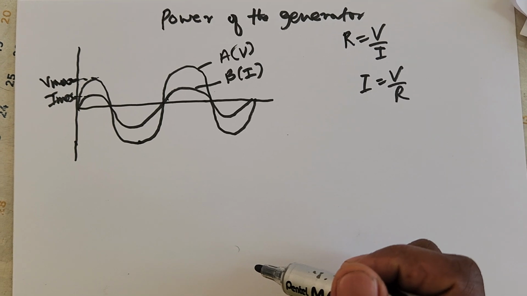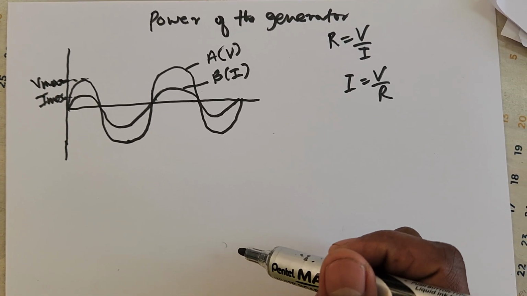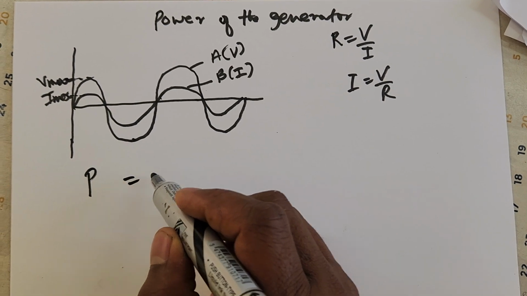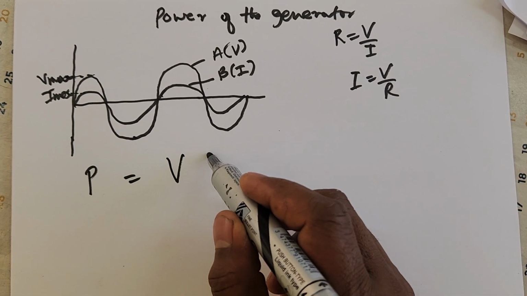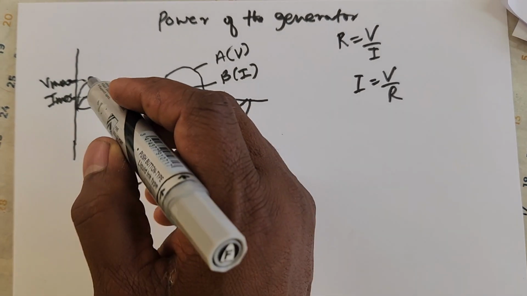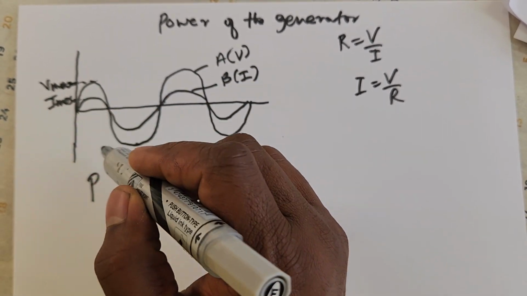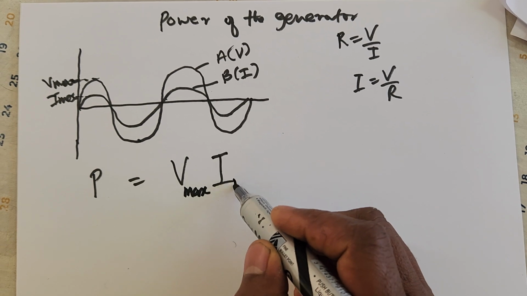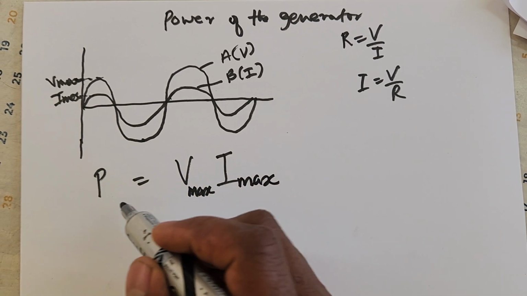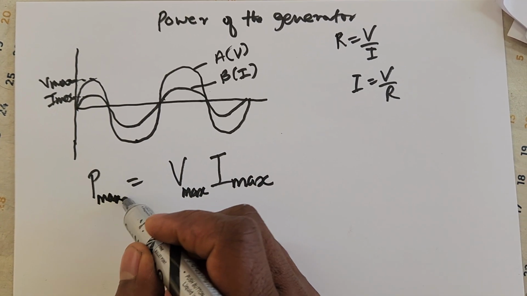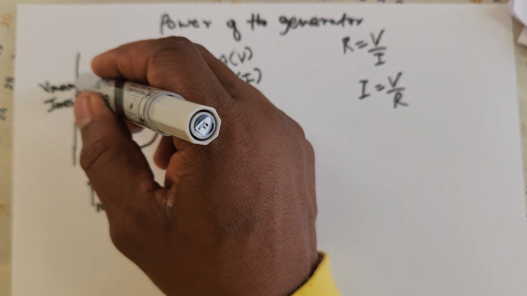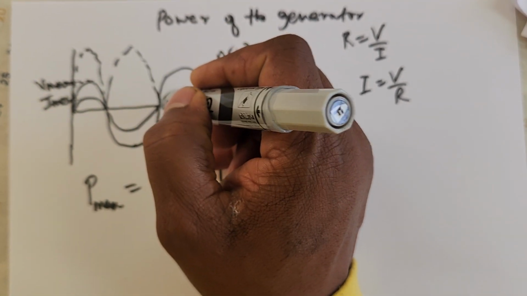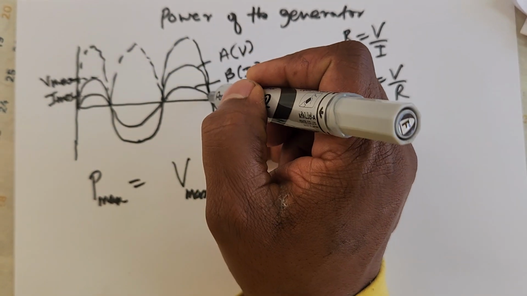Now we know in physical sciences that if you want to find power, P equals V multiplied by I. Therefore, because these are the maximum, there's a V max and the I max, they will give us the P max. When we multiply these two, we'll have the positive power output at all times.